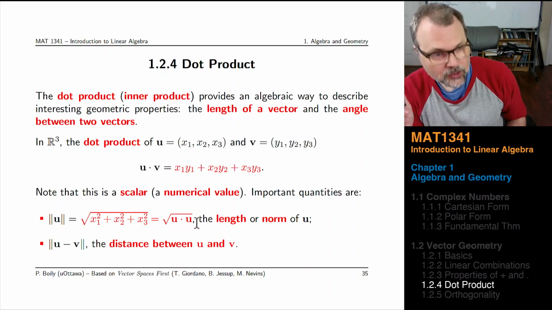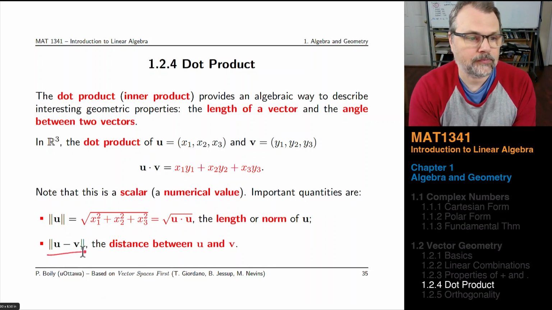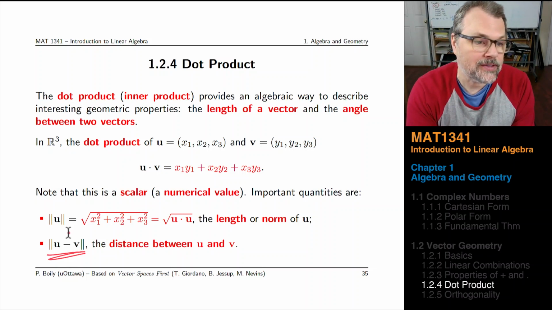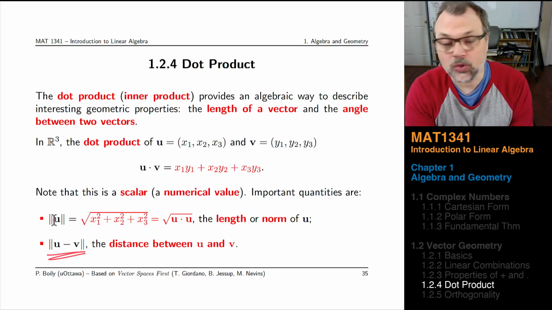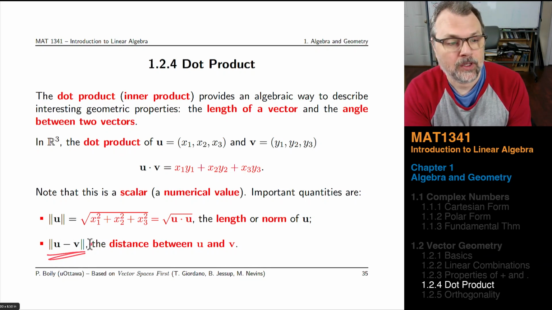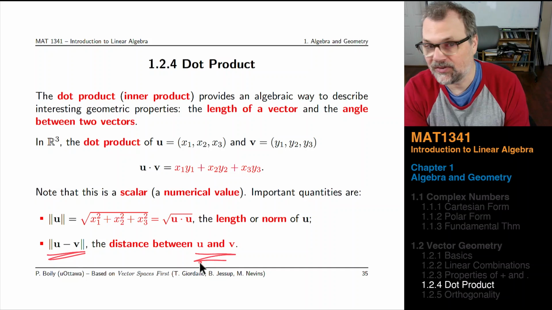Another quantity that you might be interested in is the norm. This is what we call these double bars, magnitude or norm. The norm of u minus v actually measures something. It measures the distance between u and v as vectors.